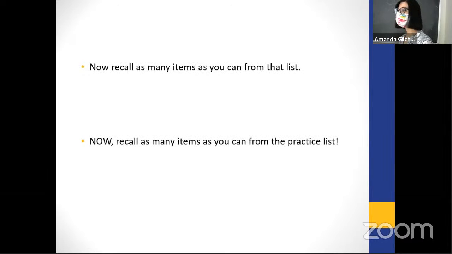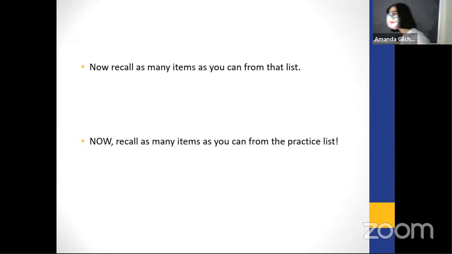What we tend to find, and obviously this is a demonstration, it's a really small sample and I'm not controlling for a lot of things, is that when you tell somebody a list is for practice, they tend to forget about it. Or if you tell them an item is for practice and they won't need to remember it for later, they tend to forget it.